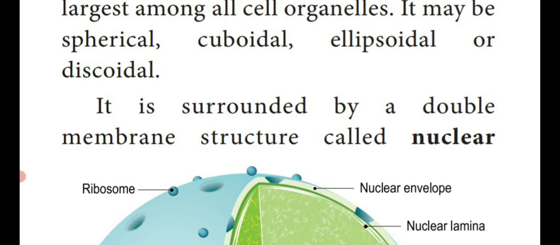In some regions it produces minute pore-like structures known as nuclear pores. Through these nuclear pores only, materials such as nutrients, mRNA, likewise are transported in and out of the nucleus. And also, it transports material between the cytoplasm and nucleus.